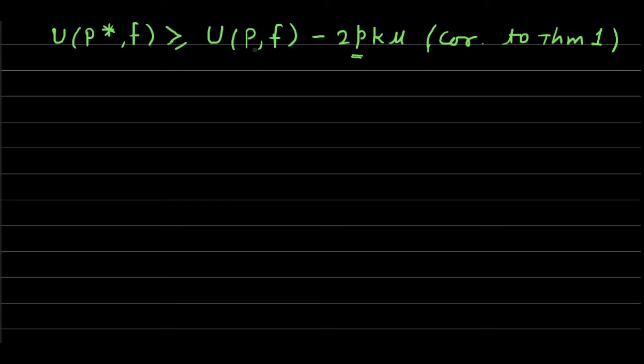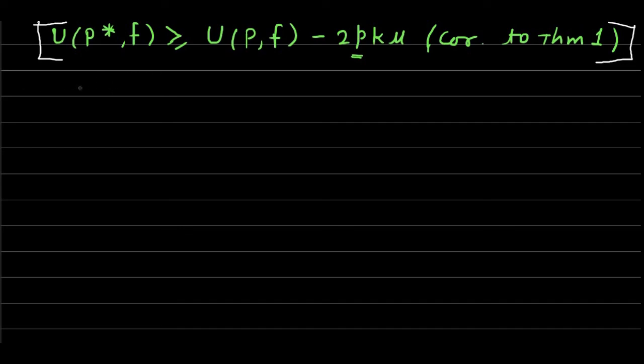But in this case, P star can have at most P minus 1 points more than the partition P. So there will be a change: in place of P, there will be P minus 1. This result I have written just for your reference.